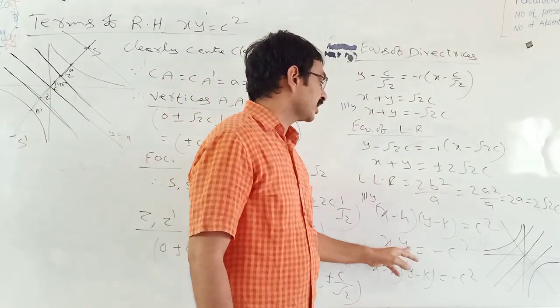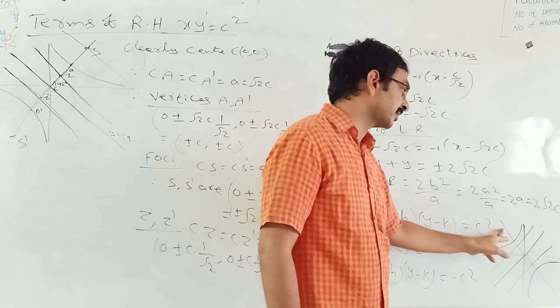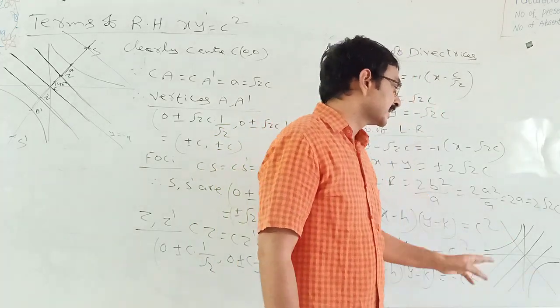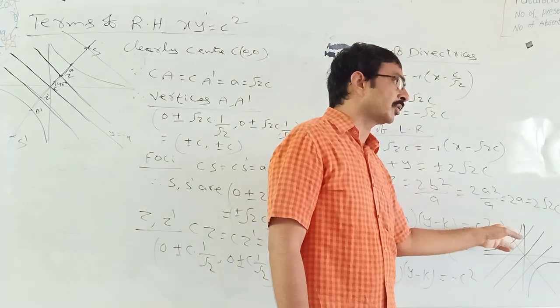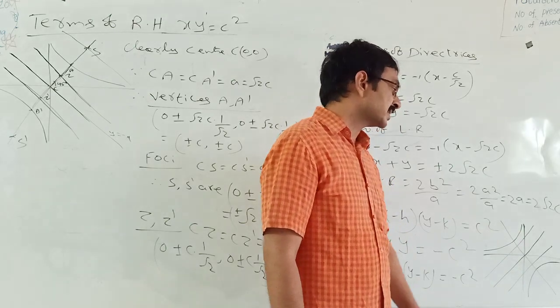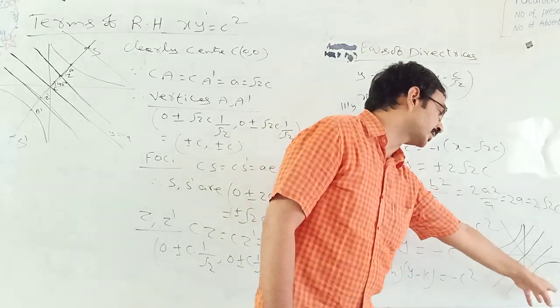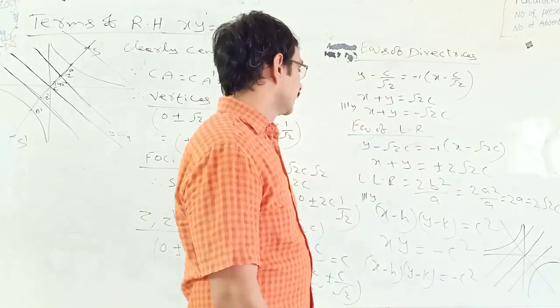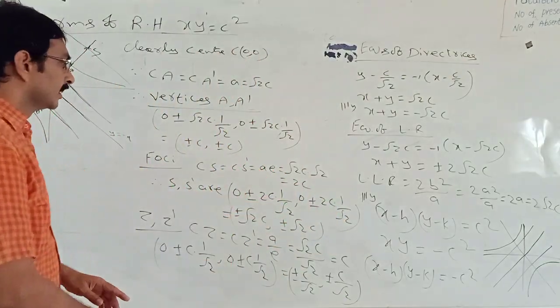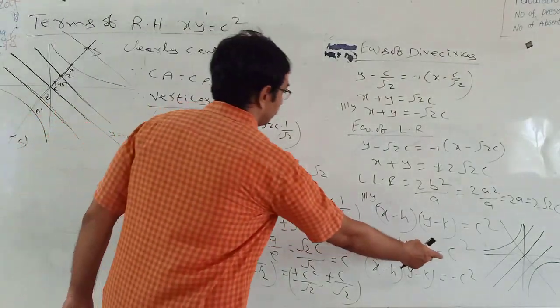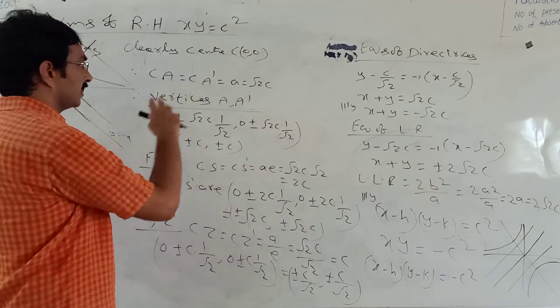The figure xy = −c² lies in the second quadrant and fourth quadrant. Signs of the coordinates in the second quadrant are minus plus, and in the fourth quadrant plus minus. That is the difference. So we can write the terms of this one by using the terms of that one.